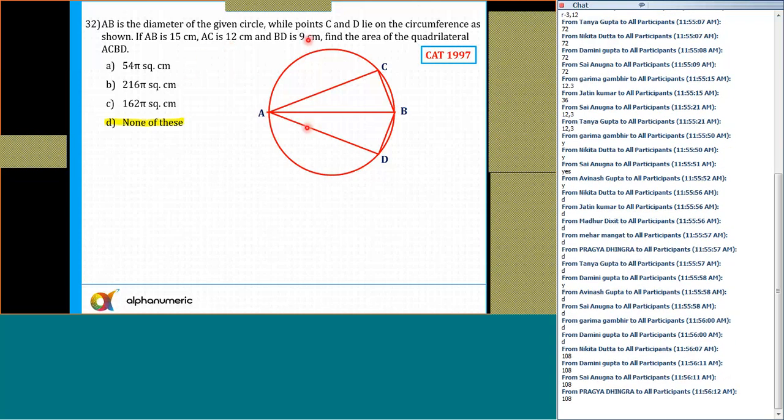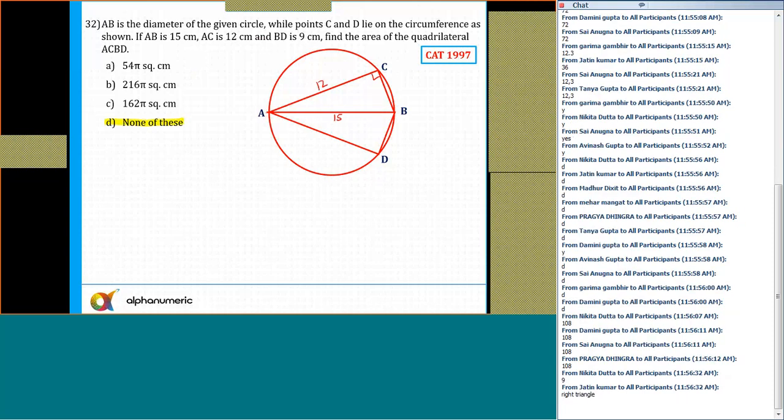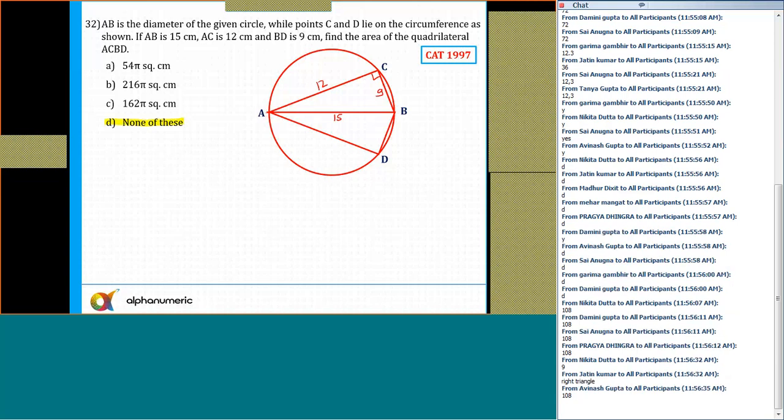AB is the diameter of the given circle, while points C and D lie on the circumference as shown. AB is 15, AC is 12. It's a semicircle, and we know the angle in a semicircle is always 90 degrees. So the diameter is 15, this is 12, and this angle is 90. So it's a 9, 12, 15 triplet.